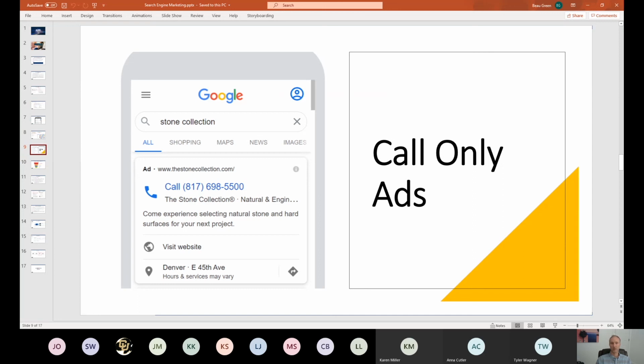They can also click on and visit the website, which you can see below the ad, as well as directions to the location. So it gives the consumer a lot of great opportunity to interact with the business as they would want to, whether it's visiting the website, getting directions, or calling them directly.